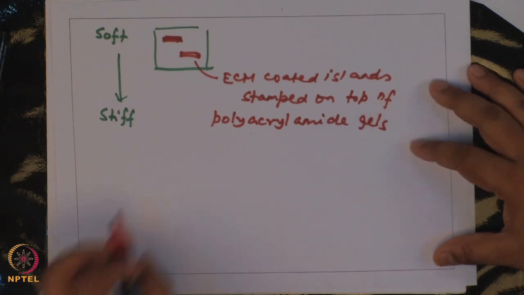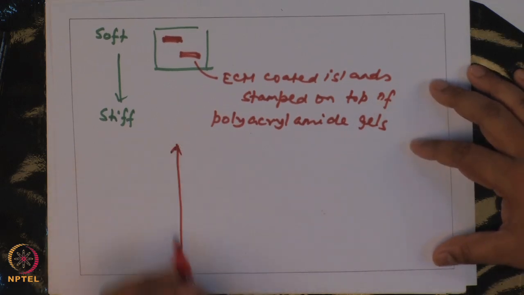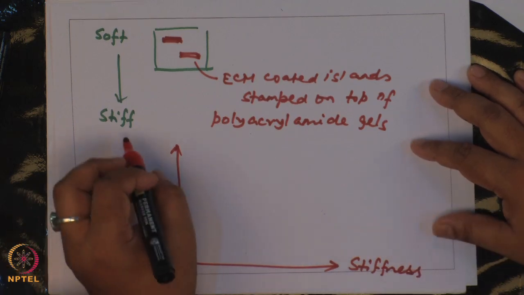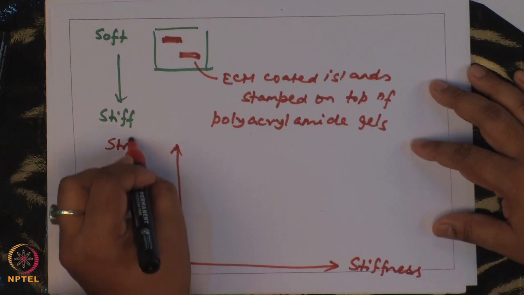Okay. So, what the authors observed was as a function of stiffness, and the y axis was striations.